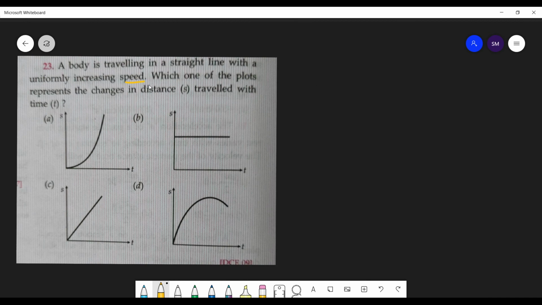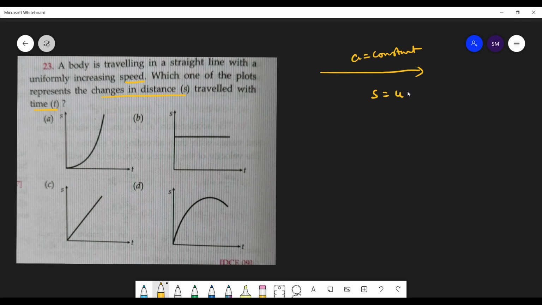So it's again about speed. And it's traveling in a straight line. And uniformly increasing speed means a is equal to constant. Speed is constantly increasing means magnitude, so its direction is same. So the magnitude of velocity is uniformly increasing. That's what you can say. So which of the following plots represents change in distance with time?